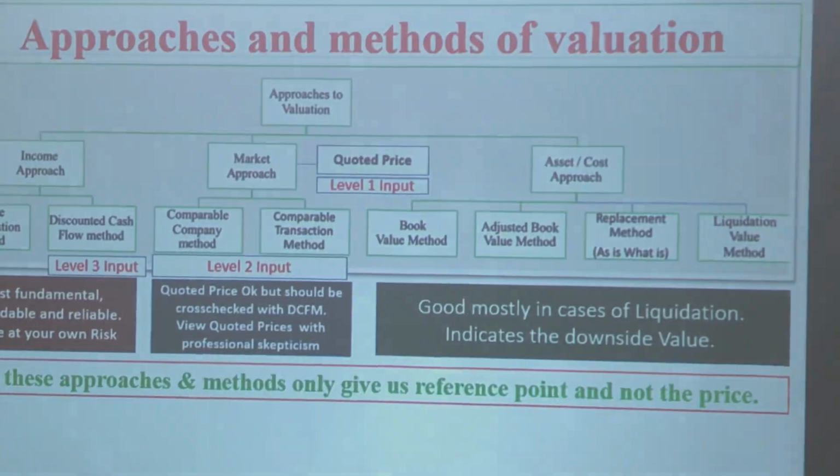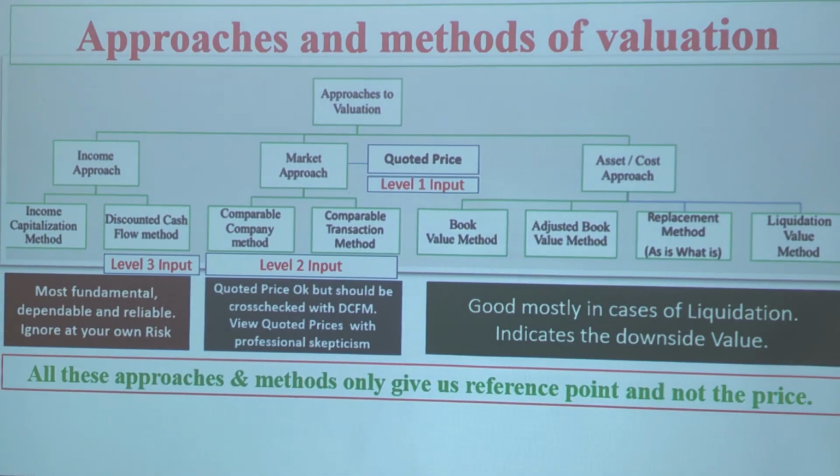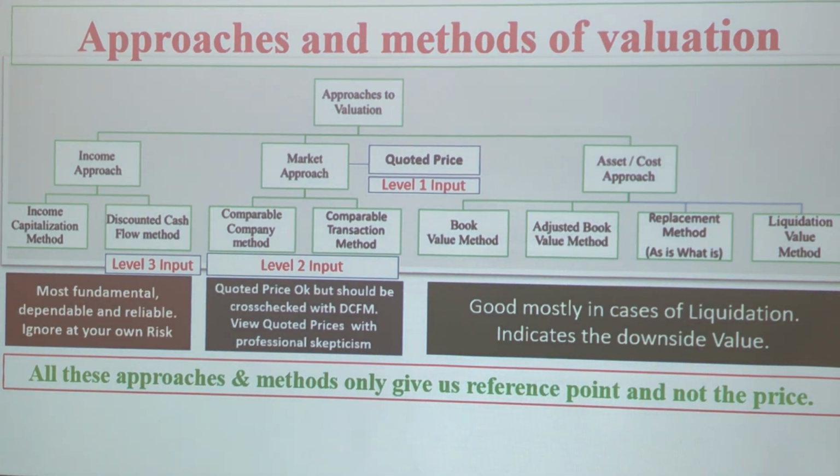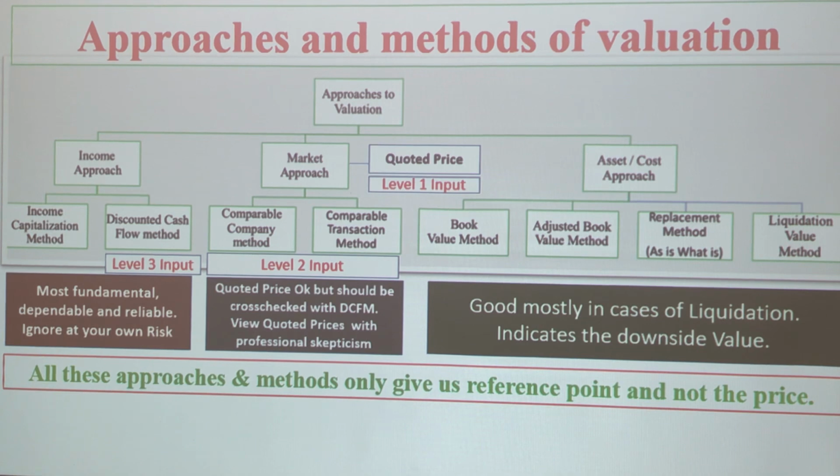And the third approach is your asset approach or the cost approach. Now of course the cost approach or the asset approach is good mostly in cases of liquidation, and it indicates the downside value. Obviously, asset approach can only be used when the valuation premise is liquidation.